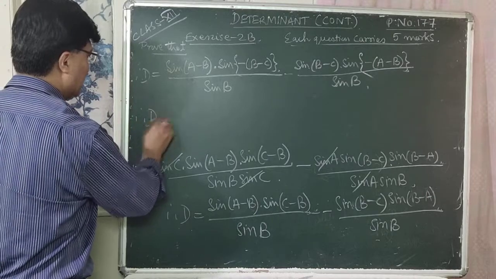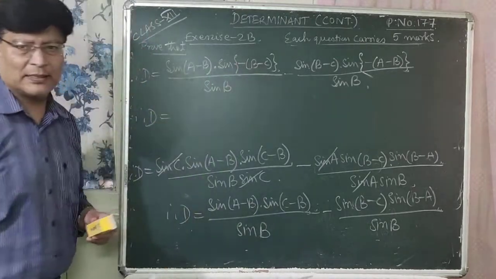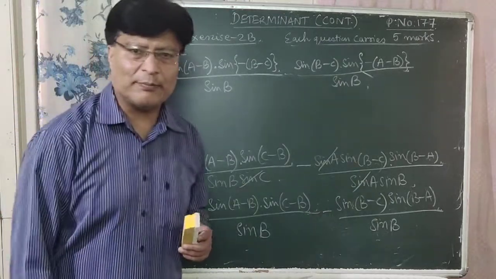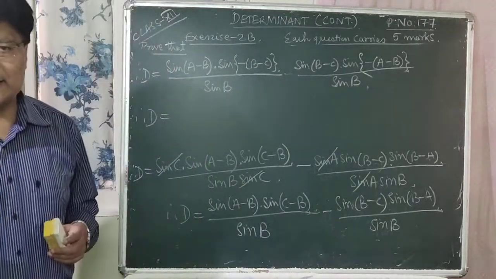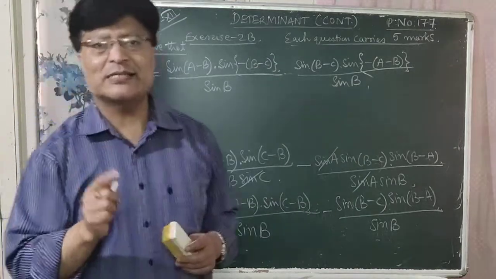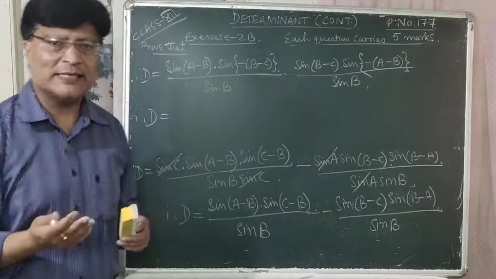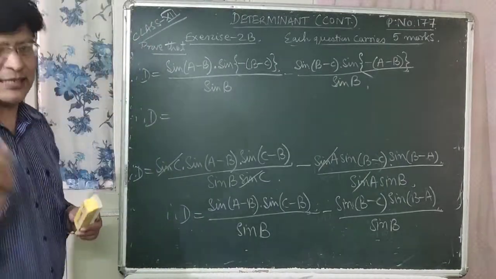So therefore D is equal to, now what about sine of minus theta? What can you say about sine of minus theta? Sine of minus theta is always minus sine theta, because minus theta always lies in the fourth quadrant, and in the fourth quadrant sine is always negative, so it is minus sine theta.